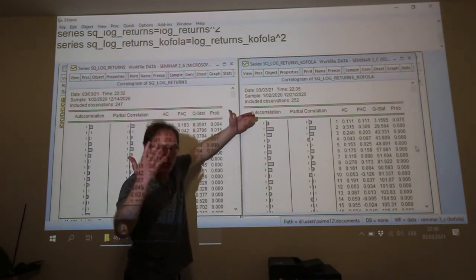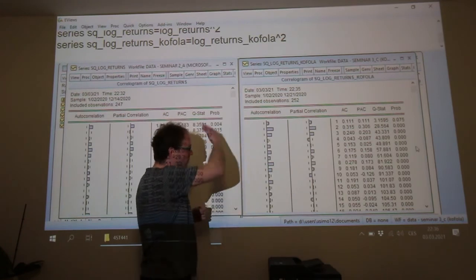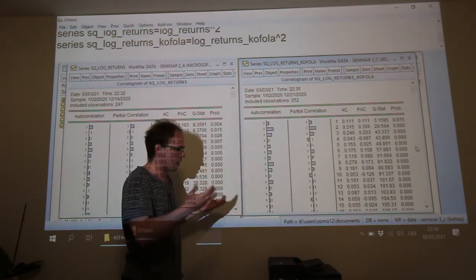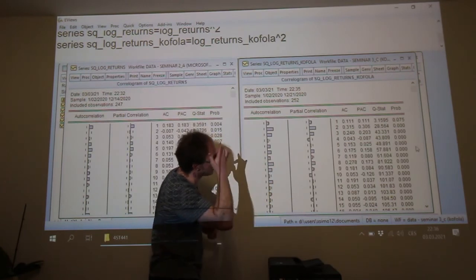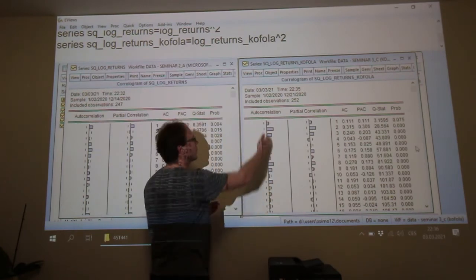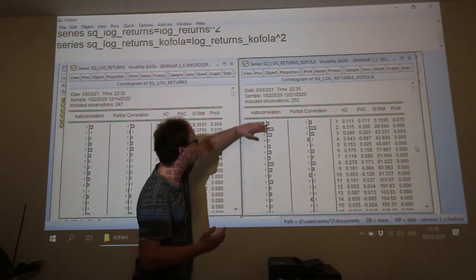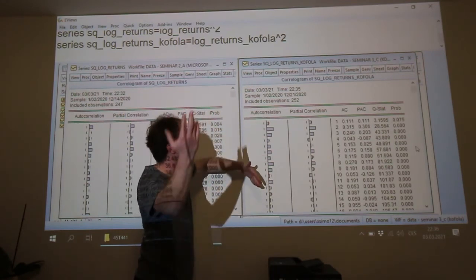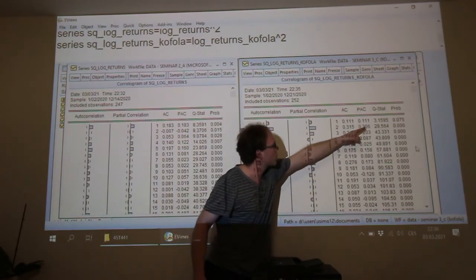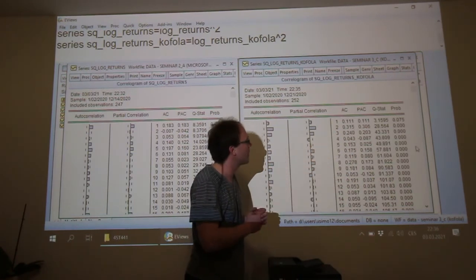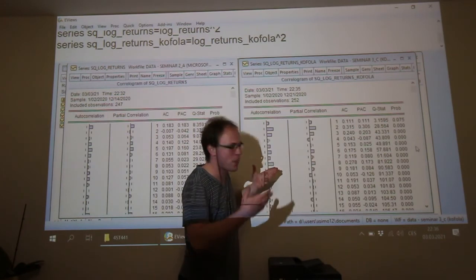It's very interesting because all values in the time series are non-negative. We have here only positive values of correlation coefficients. So there we have autocorrelation coefficients, AC, Ljung-Box Q statistics calculated here, and p-values.